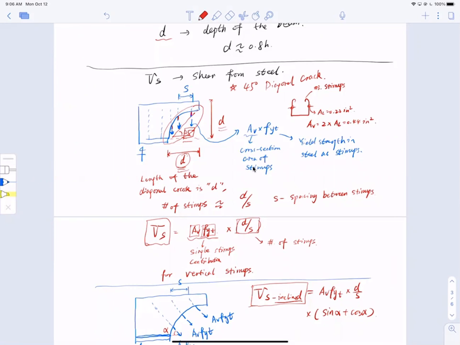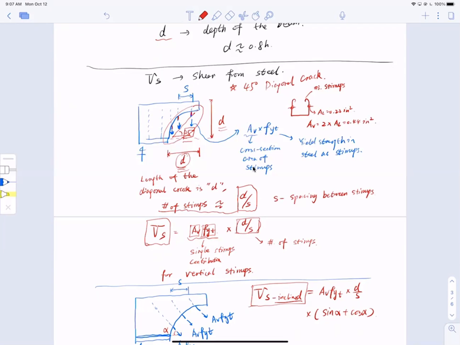Why is this important? Because with that, we can estimate how many stirrups cross the width of the crack, using this equation here, d divided by s, where s is the spacing between stirrups. The name of the game is to find out how much area of reinforcement is needed across this crack.